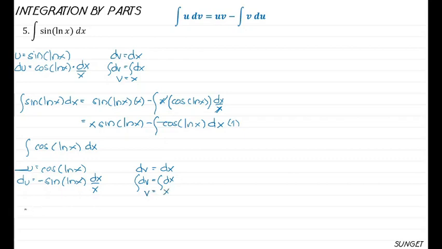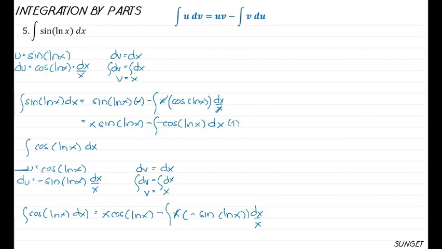Then the integral of cosine of ln x dx is equal to u times v, so that is x times cosine of ln x minus the integral of v du, so x times negative sine of ln x times dx over x.